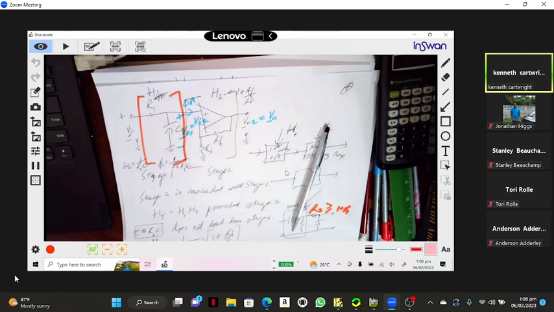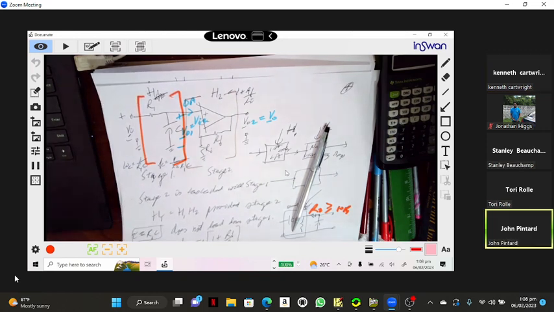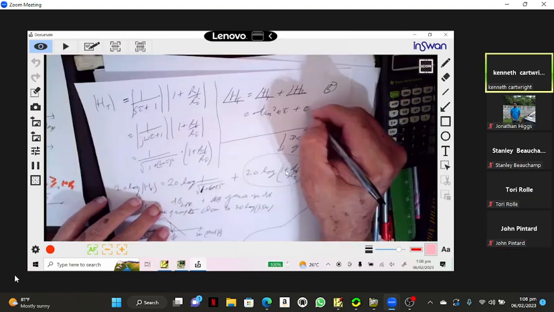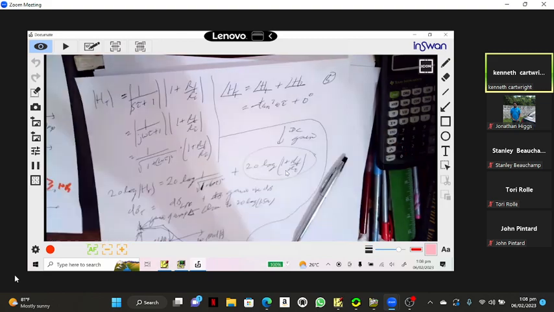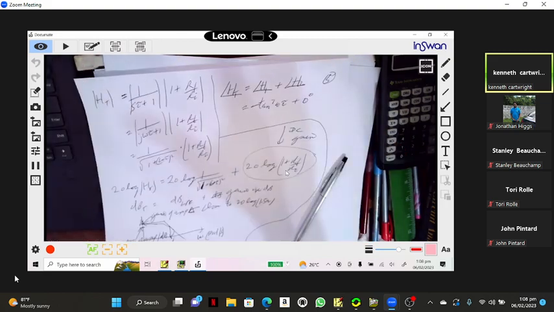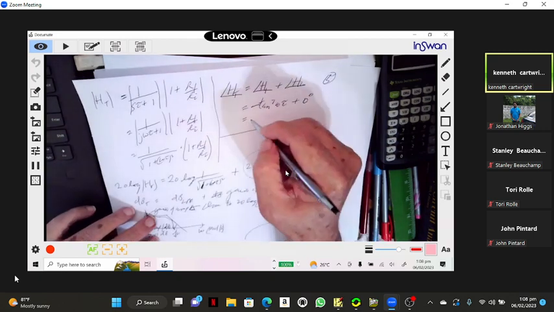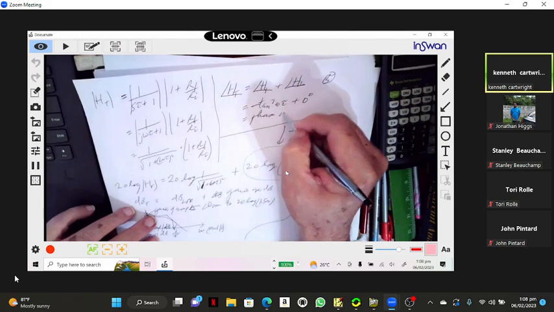What's the angle of a positive real number? Zero. 0 degrees. So you see how the overall phase is just the phase of a low pass filter?